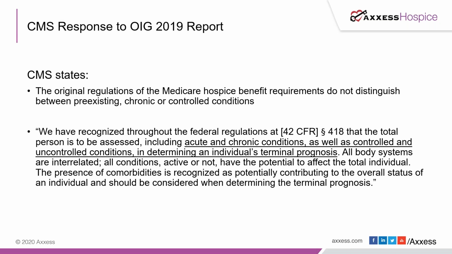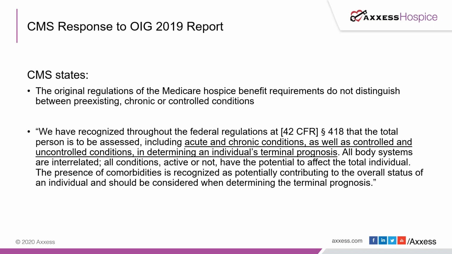CMS responded in this way in 2019, where they basically said that the Medicare hospice benefit requirements never really said that there's any difference between pre-existing chronic and controlled conditions. And we're going to come back to this next statement, because it is very telling what CMS is expecting from us: that everything is interrelated.